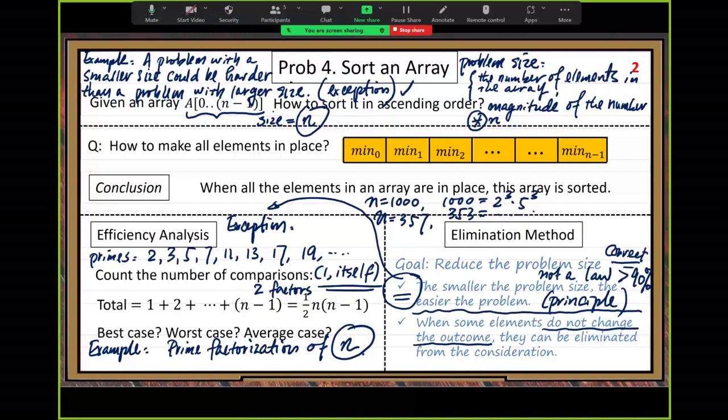After the elimination, your problem becomes easier to solve, because you consider a smaller problem, and in principle it should be easier. So that's the summary of this elimination method. Later I will show you many examples, so we practice this simple method many times.